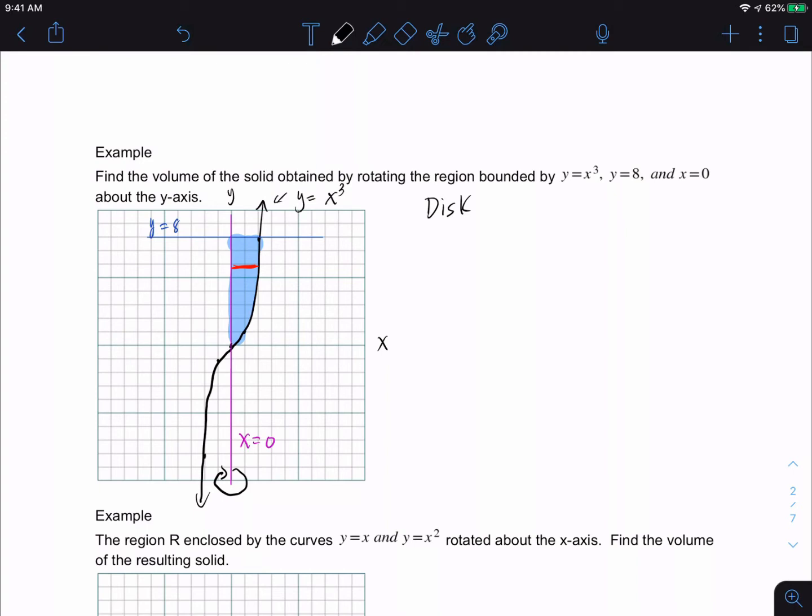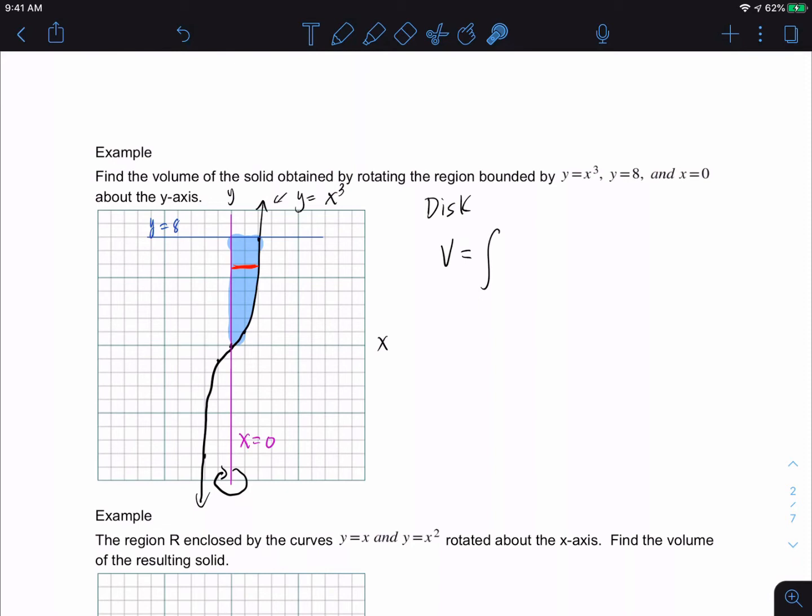Okay, now let's see if you guys are understanding what's going on here. So the volume is going to be equal to the integral from where to where? Is it from 0 to 2? Or is it from 0 to 8? Julian says it's 0 to 8.